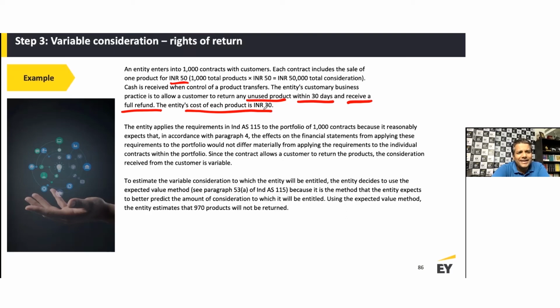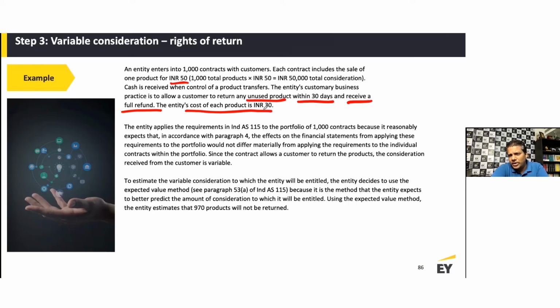The entity applies the requirements in Ind AS 115 to the portfolio of 1,000 contracts because it reasonably expects that, in accordance with paragraph 4, the effects on the financial statements from applying these requirements to the portfolio would not differ materially from applying the requirements to the individual contracts within it. So you're applying a portfolio approach here, right?